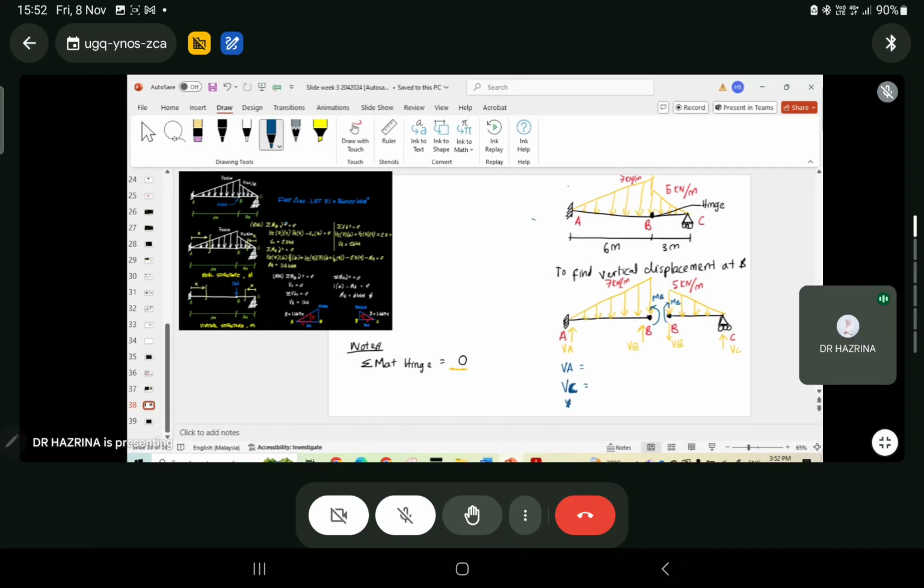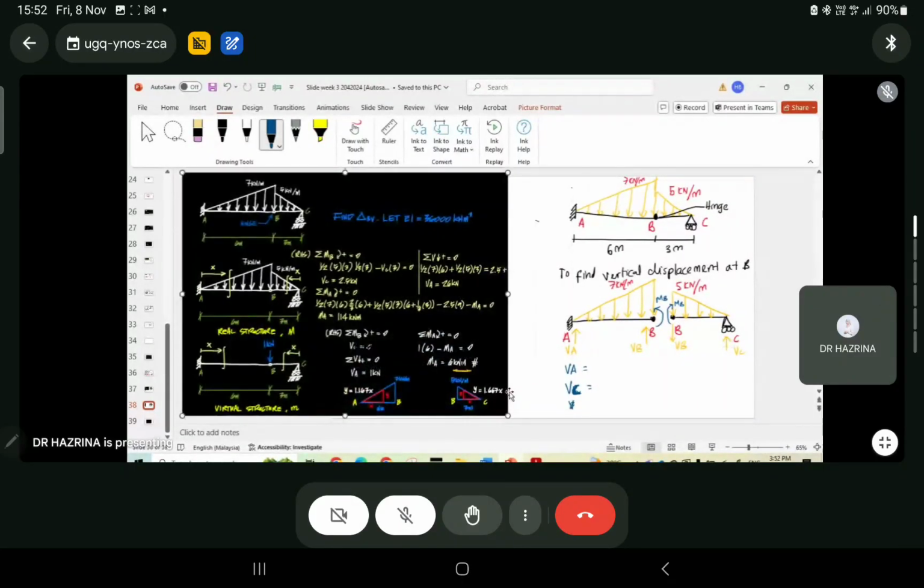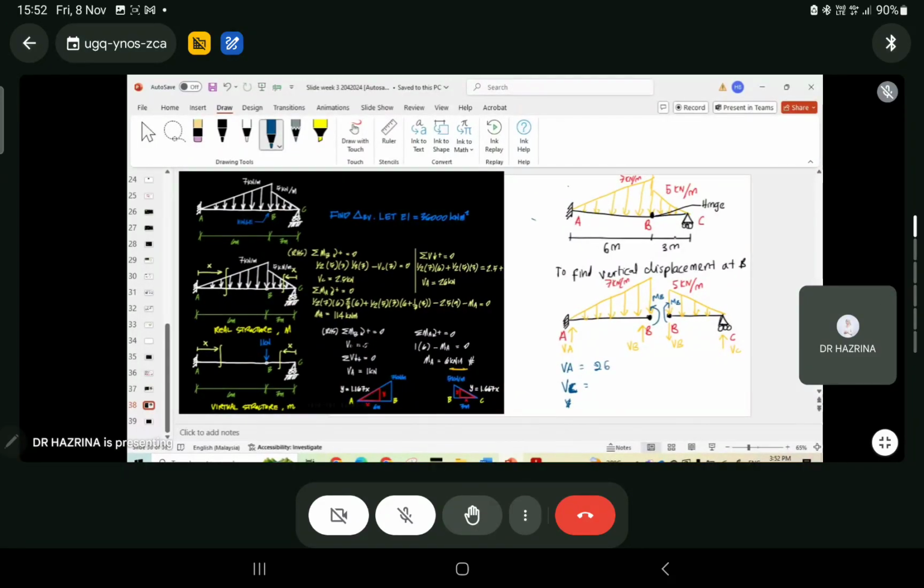Alright, VC. So in this case, I'm sure that everyone understands how to calculate the reaction forces. Okay, so let's say we get VA. What is our VA? 2.6 or 26? Wait, our VA is 26 kilonewton.